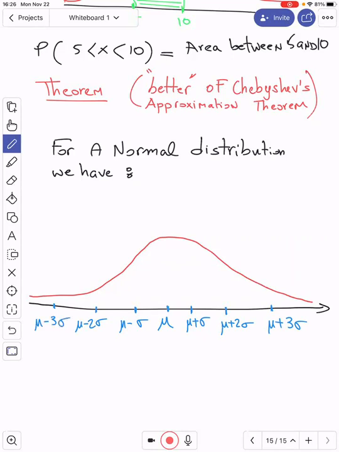Again, mu is the mean and sigma is the standard deviation.